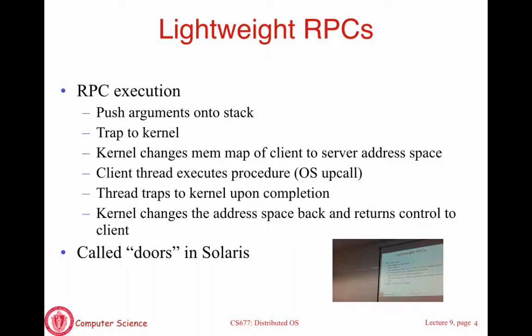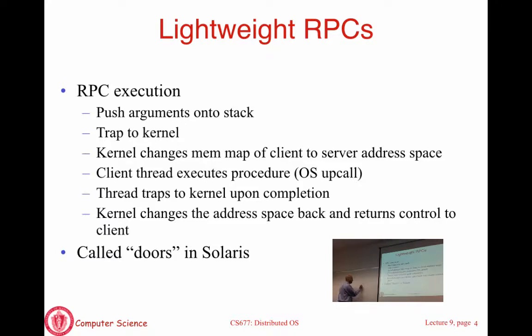Another way to do this is to use what is called shared memory. Shared memory is simply a memory buffer. If the client wants to make an RPC call, instead of sending a message, it just puts the name of the call and the arguments into this buffer.